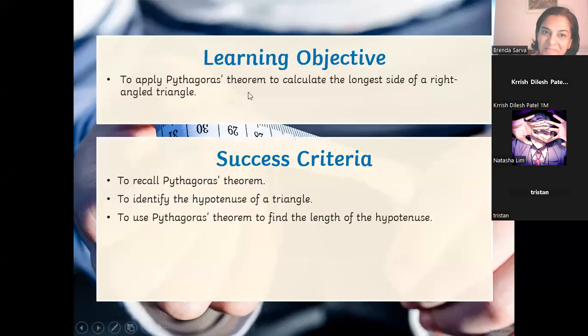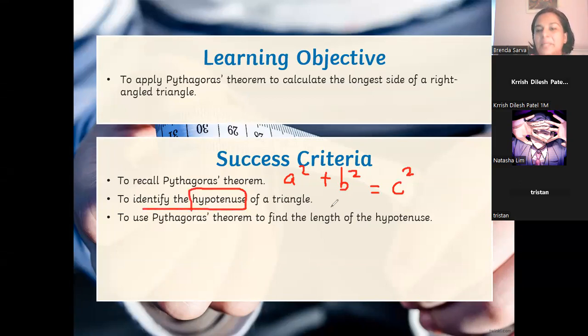Recall the Pythagoras theorem: A squared plus B squared equals C squared. Now identify the hypotenuse. If I give you any right angle triangle, which is the hypotenuse?